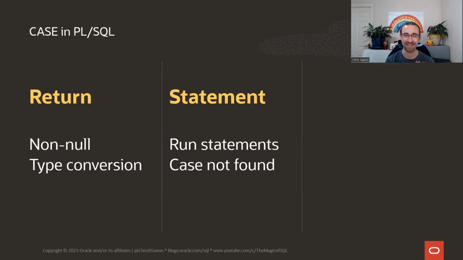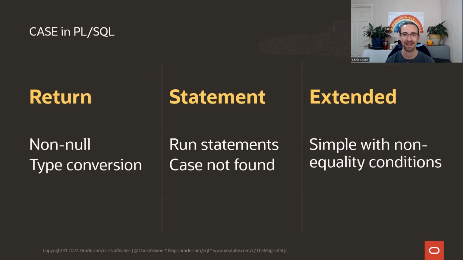PL/SQL adds case statements, which are much more like a series of if-else-if statements, but not quite, due to case not found. And then in 23c, we have extended case controls, which are a really great way to simplify these things where you've got one selector and more complicated criteria to check it against.